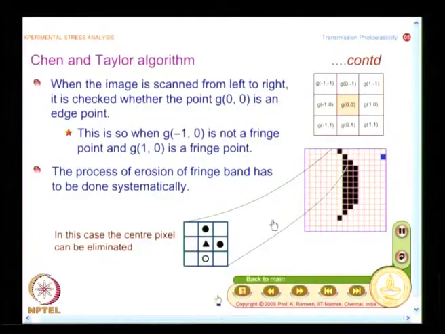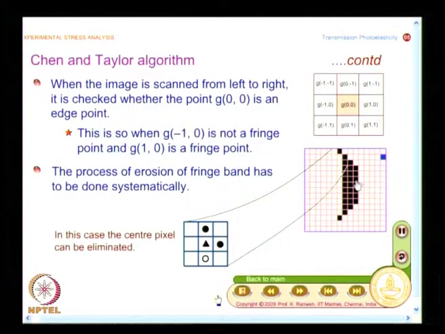We have already seen when you look at a fringe, the thickness of the fringe varies, dictated by the gradient. In low stressed areas fringes will be very broad, in high stressed zones fringes will be very sharp. So, depending on the fringe width, the process will take time.